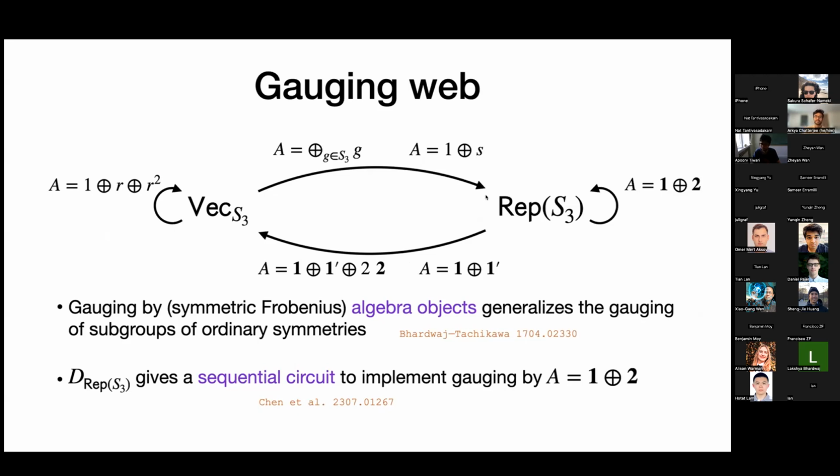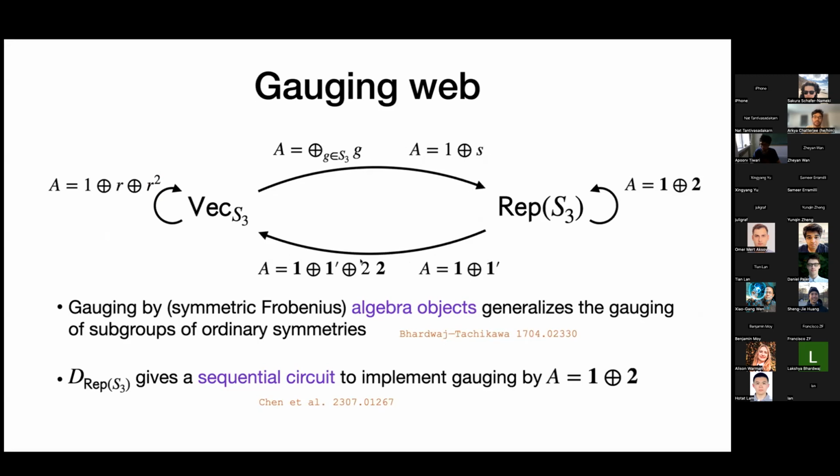Right. But the thing you said you didn't know how to do was what again? I guess I don't know how to do this directly. Like, I don't know how to do minimal coupling, for instance, for algebra objects. I know how to insert defects for ordinary symmetries, like Z2, maybe even for S3.